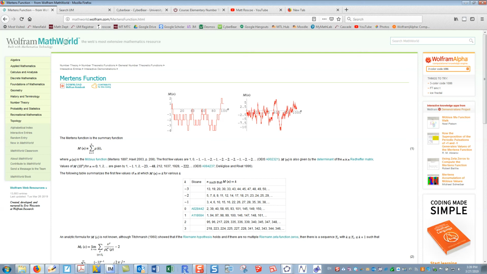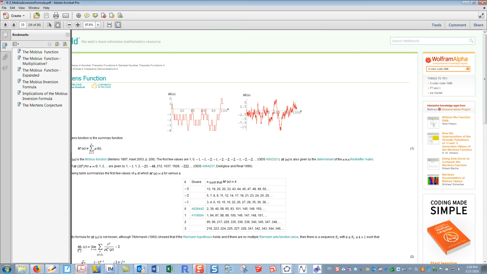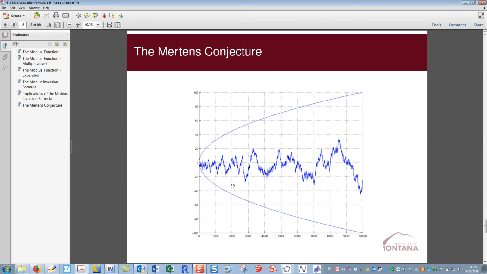And it was believed to be true for quite some time. Here's a picture of Merton's conjecture, and you can see there's plenty of room for error. Merton had actually calculated all of these blue values, and I included in the picture the graph of the square root of n, positive and negative, to account for the absolute value.